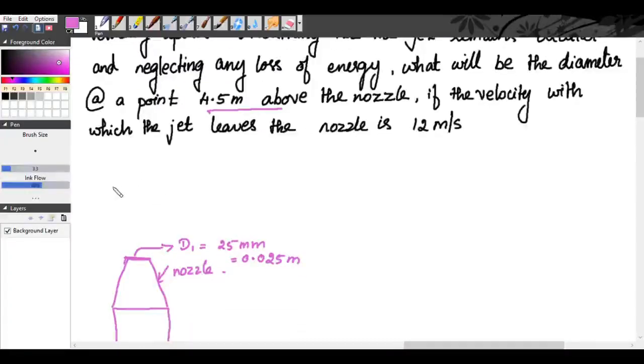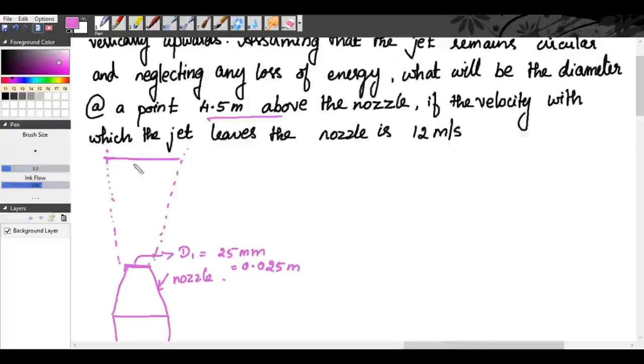So see, your water is flowing vertically upwards, right? From the nozzle, your water is pushing vertically upwards, and here the cross section of the nozzle is circular. So what will be the diameter at a point 4.5 meter above the nozzle?